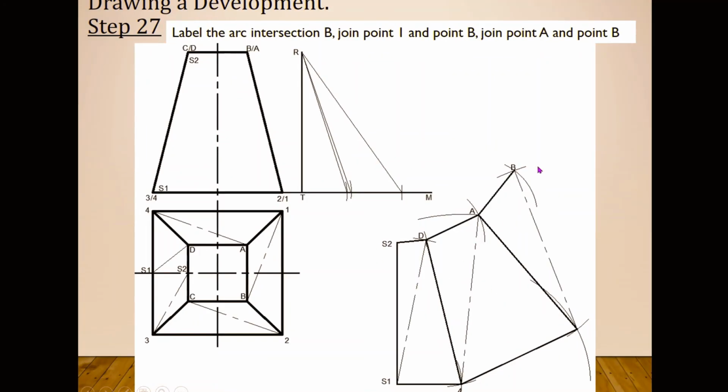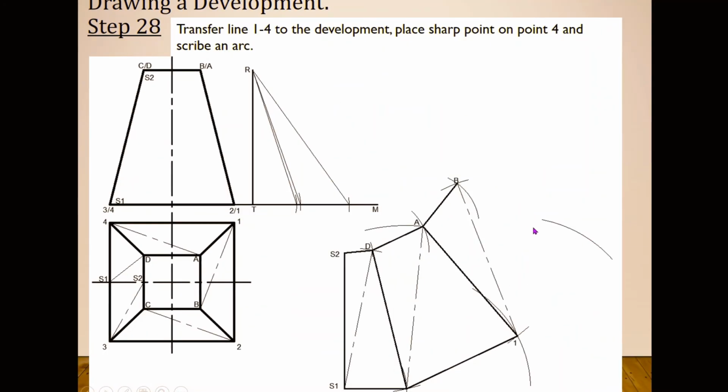Then you draw your line from A to B, and you draw this center line from 1 to B. There's a line from 1 to B, and a line from A to B. Now to find point number 2, we have S1, we have point 4, we have point 1.